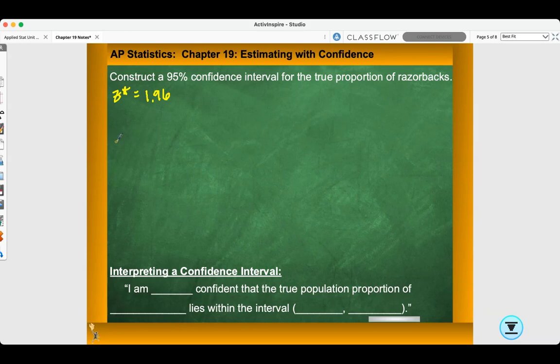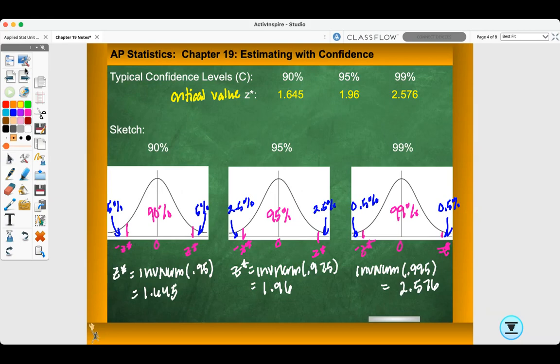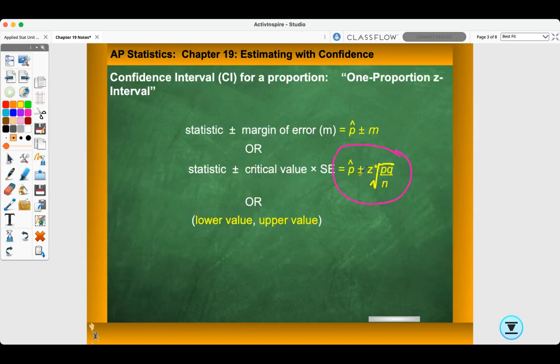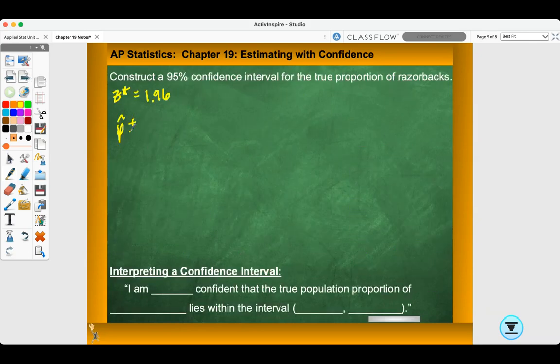Then we know that our formula is p hat plus or minus Z star times the square root of pq over n. It's best just to use this formula. So you go ahead and plug your values in.